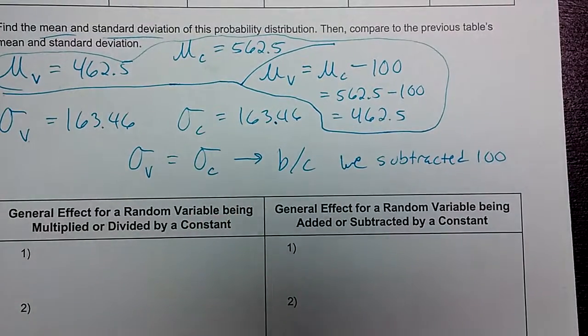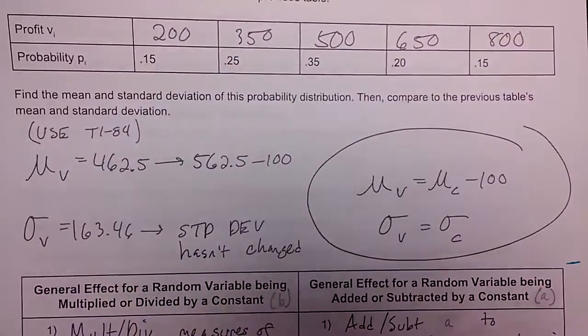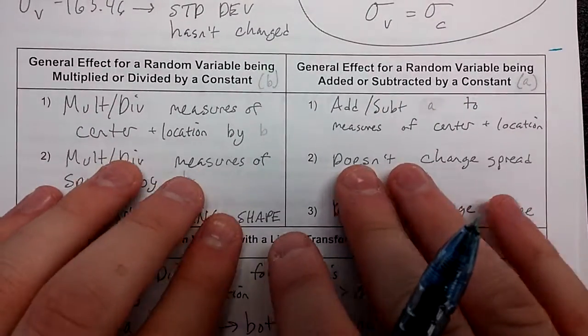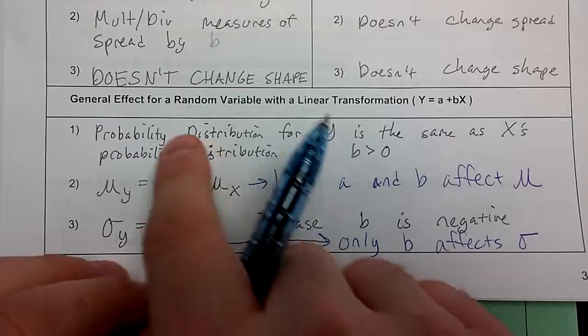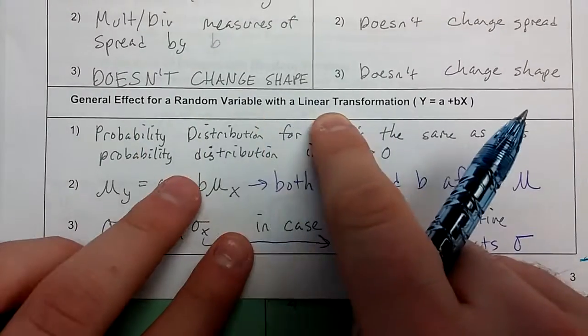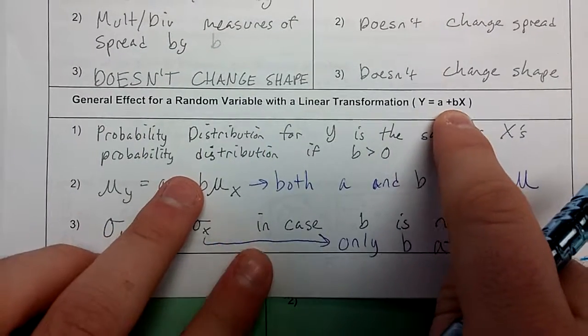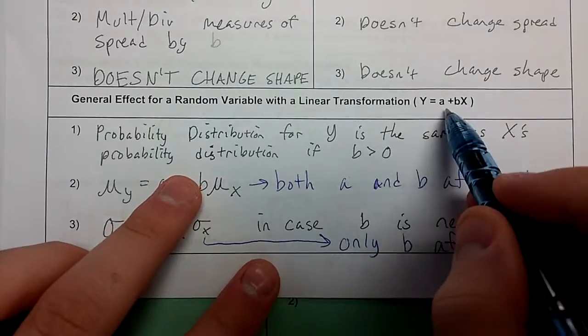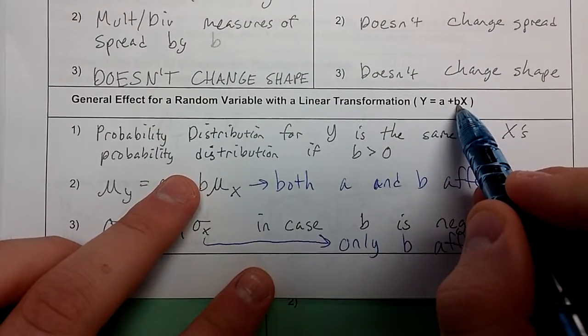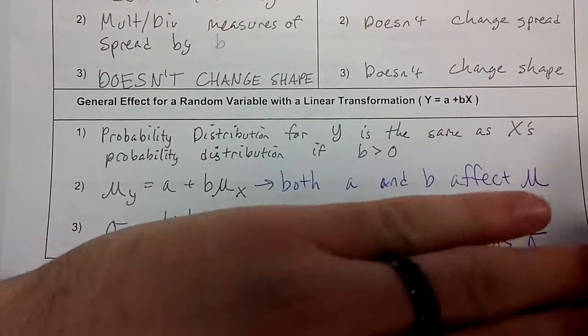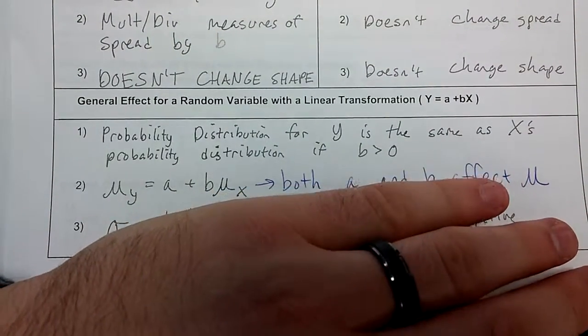Okay. This table below, these two boxes, top two are old information. It's the same exact information from the front page. This down here is the new stuff. General effect for random variable with linear transformation y equals a plus b times x. A and b are your numbers, a is what you add or subtract, and b is your multiplication or division. So what actually happens here?